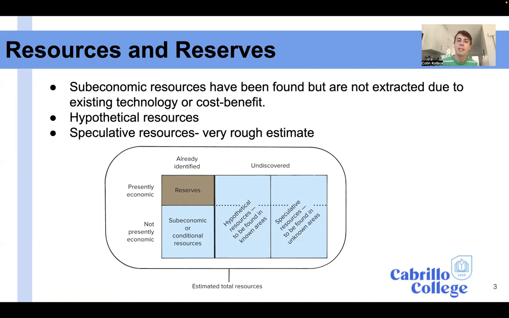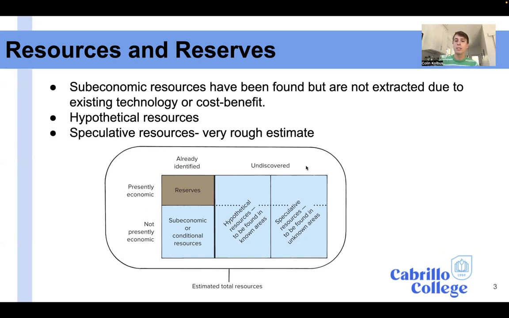The technology exists, but we don't want to do it because it doesn't make sense economically. So that represents our sub-economic resources. It's identified, we know it's there, we have proof that it's there, but it's not presently economically viable to extract that resource.